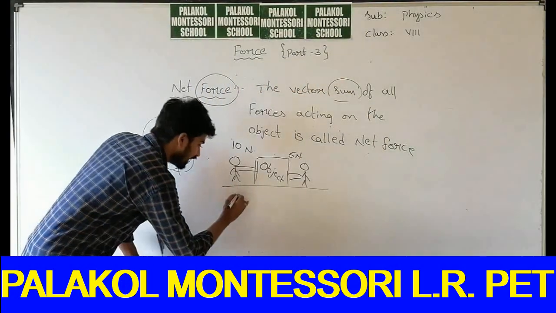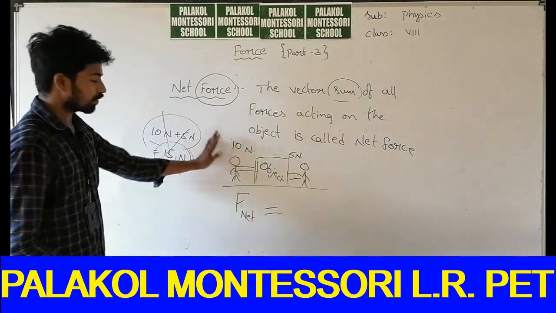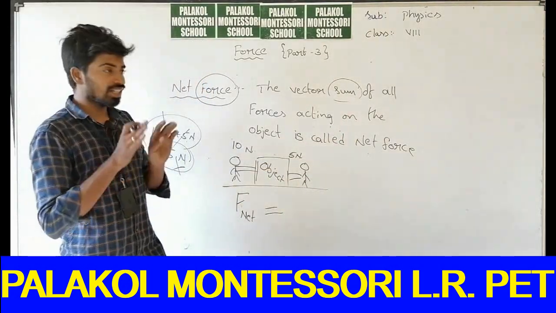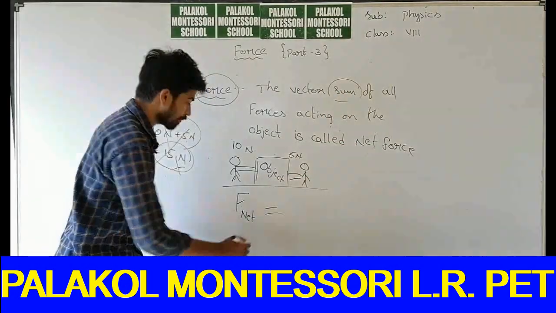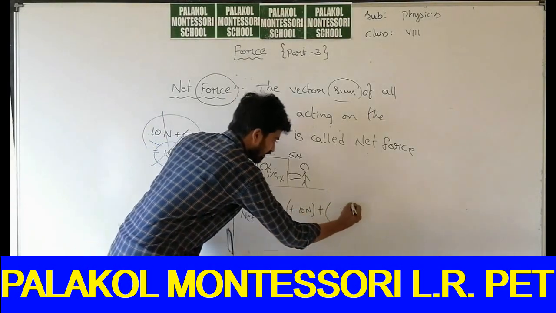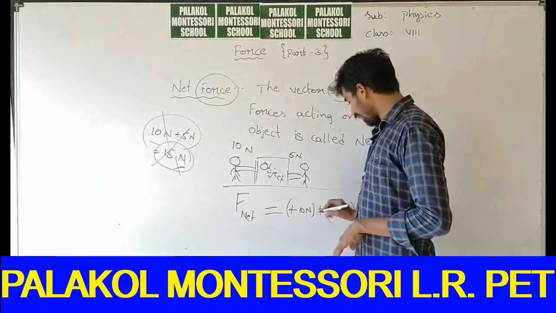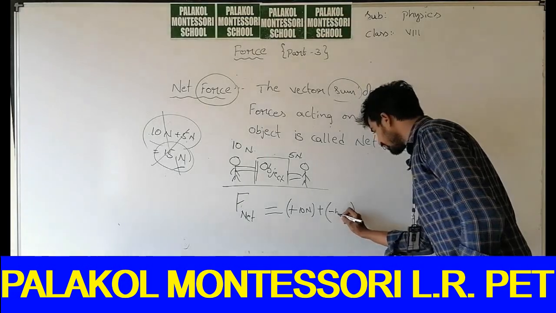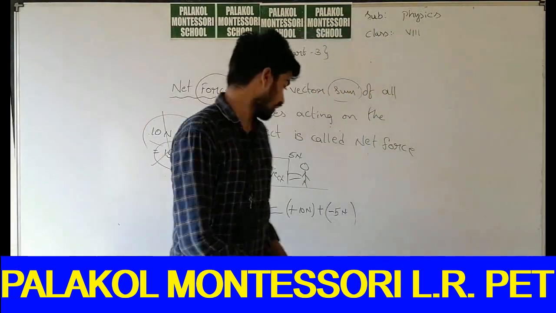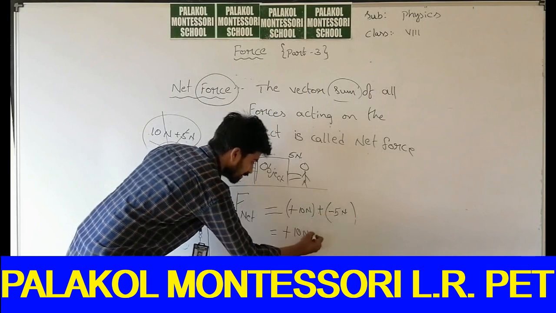So the net force, F net, is equal to plus 10 newtons, because you have considered this direction of force as positive, plus the second force, which is in the direction considered negative, minus 5 newtons.